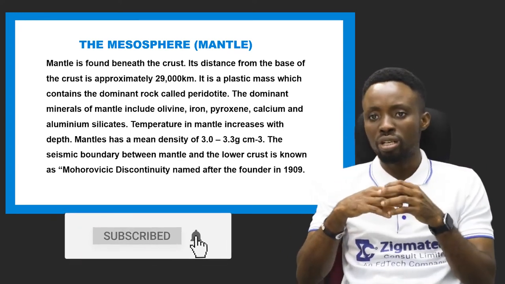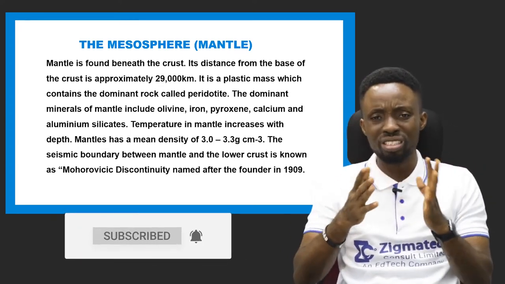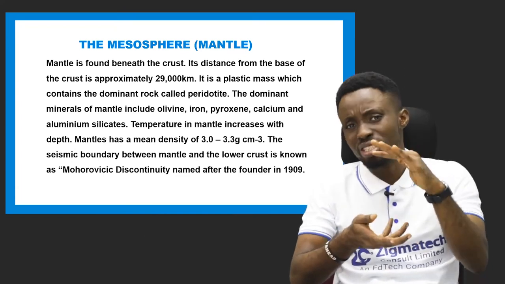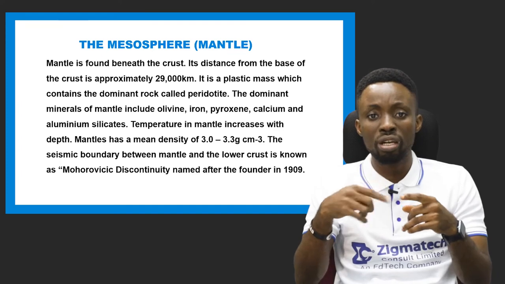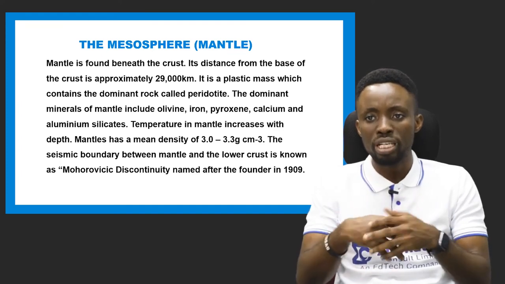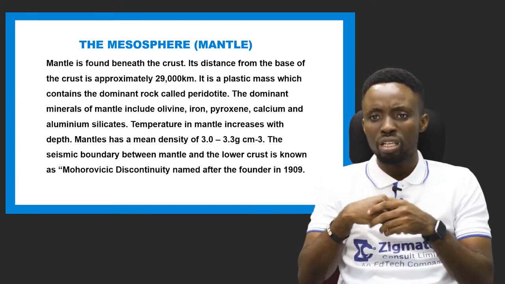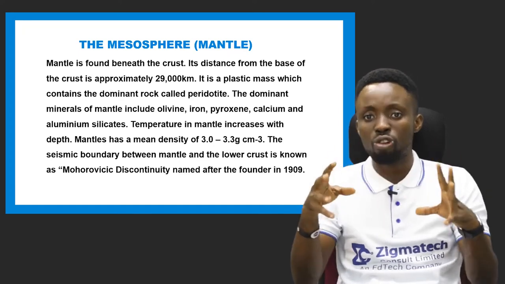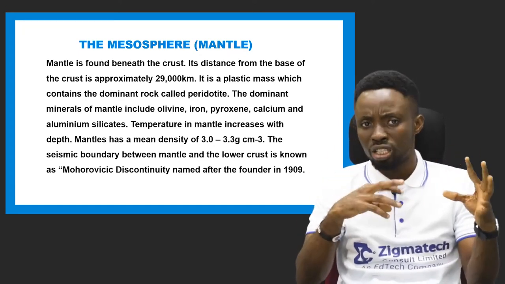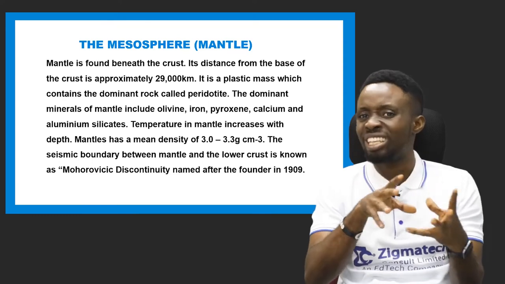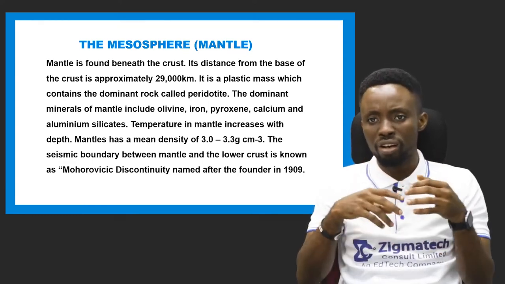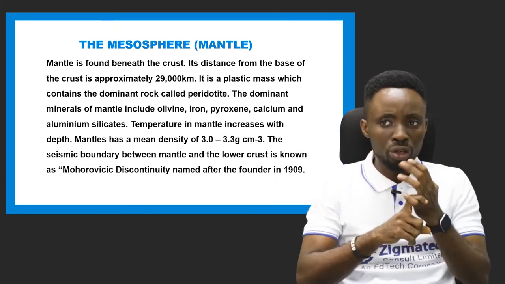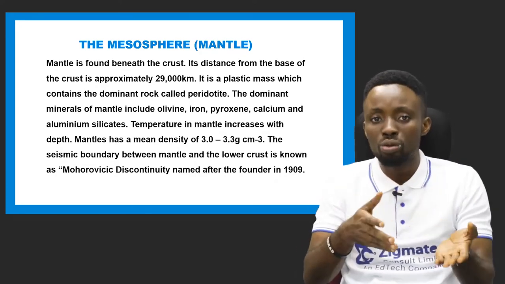The mantle is actually of a distance of about 29,000 kilometers, and it contains a rock that we call peridotite. Peridotite is the major rock you have there, even if we have other types of igneous rock in that zone. The minerals that you can find there are iron, calcium, silicon, and aluminum.